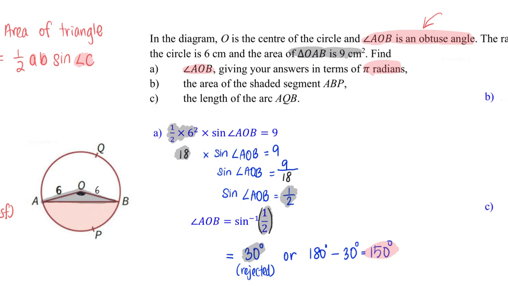If you press your calculator, sine 150 degree is also equals to half. Sine 30 is also equals to half. So there are two possible answers, out of which the 150 degree is the angle we are looking for because it is the obtuse angle that we are looking for, and the last part, they want it to be in radian.